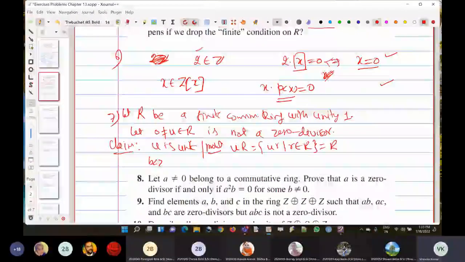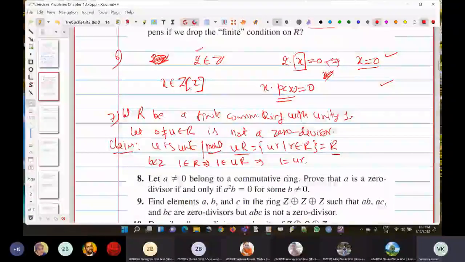Also because 1 belongs to R, this implies that 1 belongs to UR, because you have proved that this equals to this. So it means what? 1 equals U times some R0, for some R0 belonging to R. Since U is non-zero, we are able to get some R0 such that the product of U and R0 is 1.